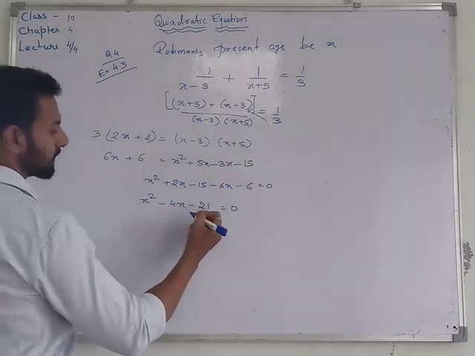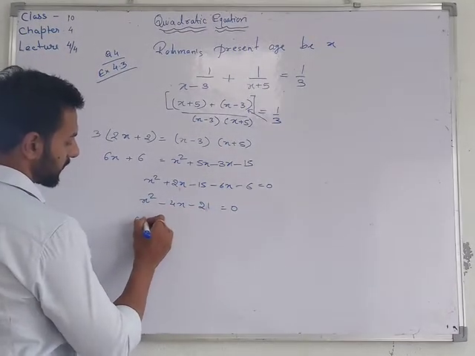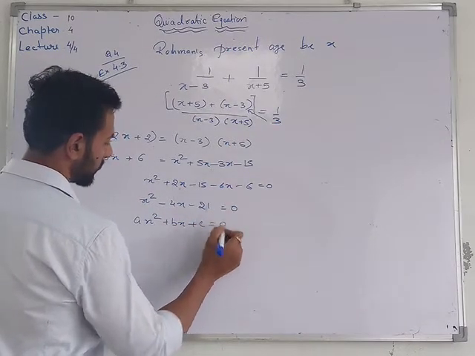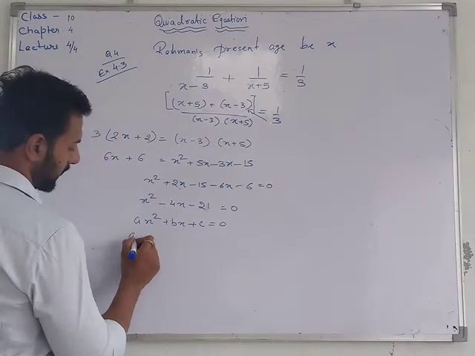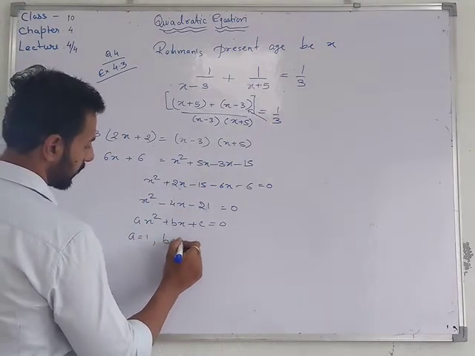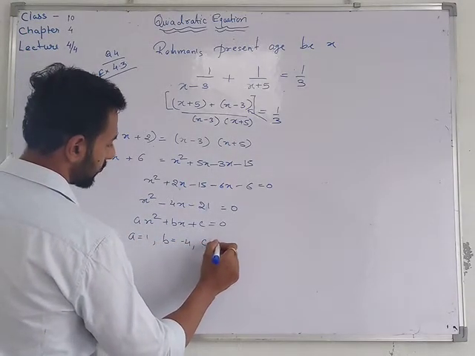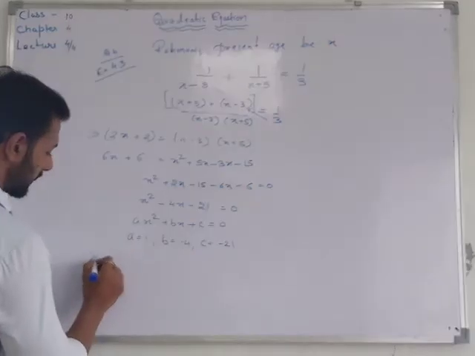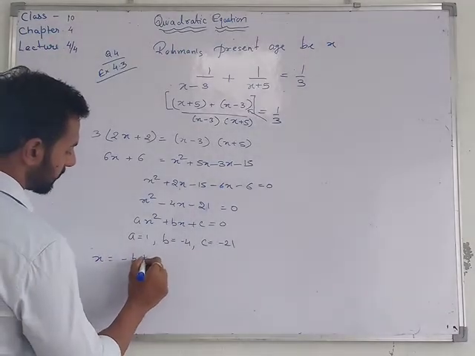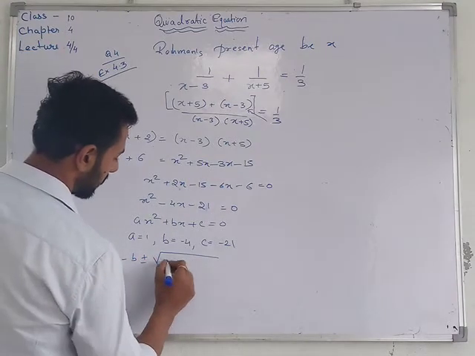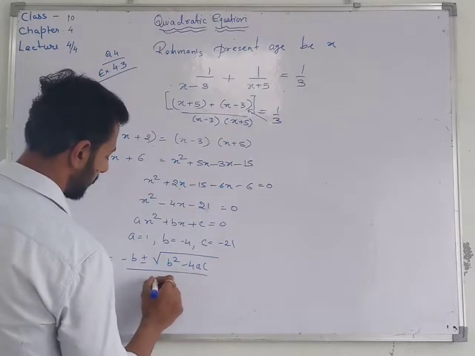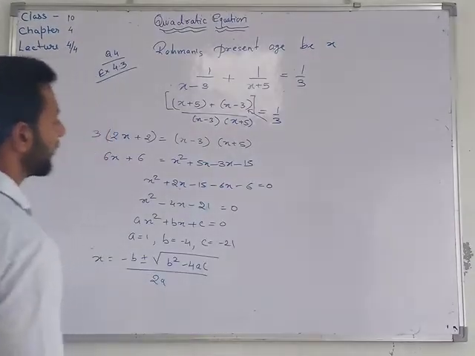Now comparing this with the general expression ax square plus bx plus c is equal to 0, a is equal to 1, b is equal to minus 4, c is equal to minus 21. The formula is x is equal to minus b plus minus under root of b square minus 4ac upon twice of a.